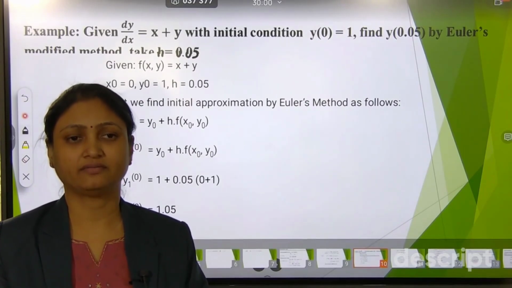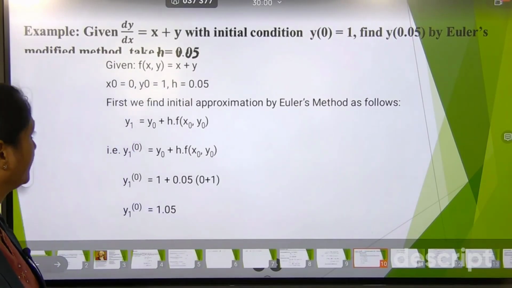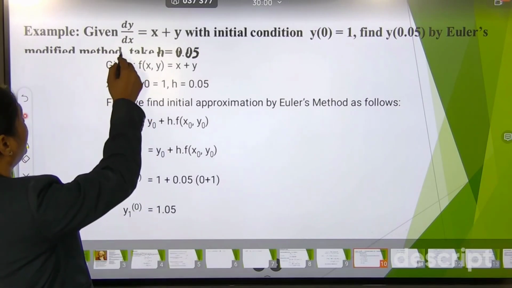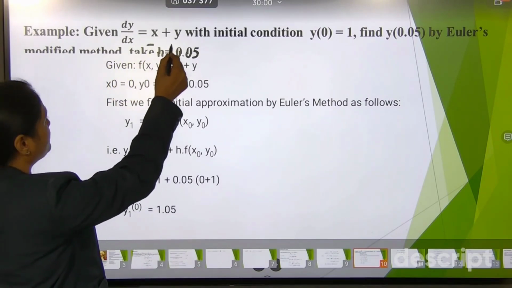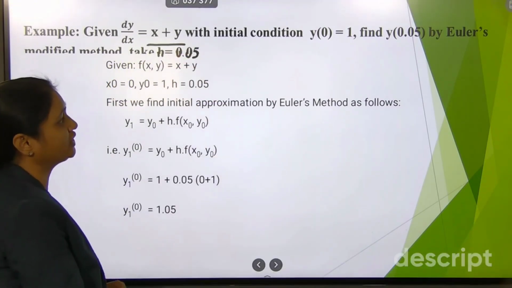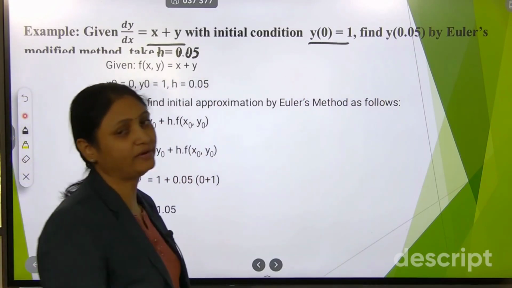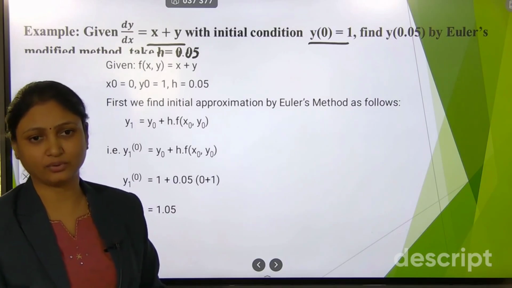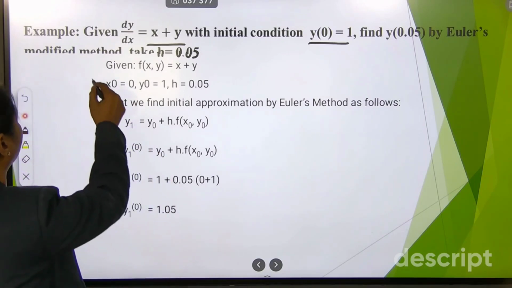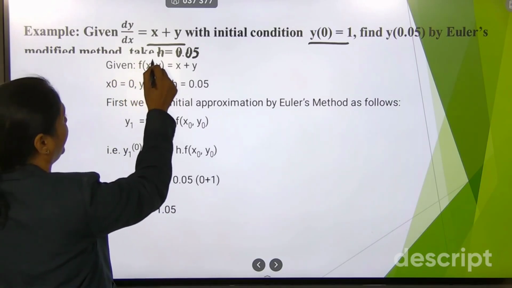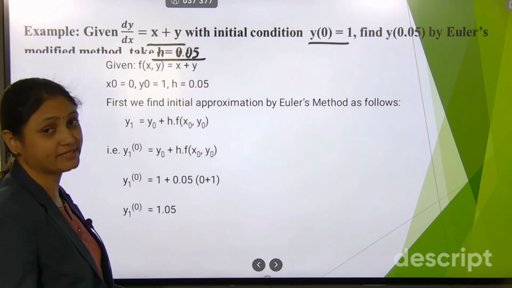So let us take one example. Given dy by dx is equal to x plus y with initial condition y of 0 is equal to 1, we have to find y of 0.05 by Euler's modified method, taking h equal to 0.05.